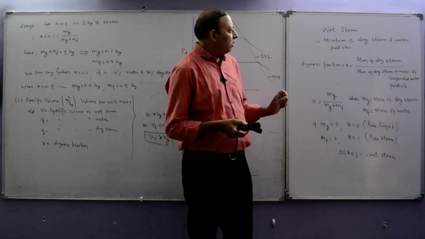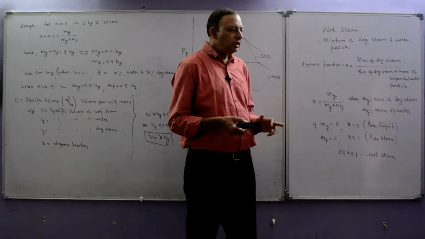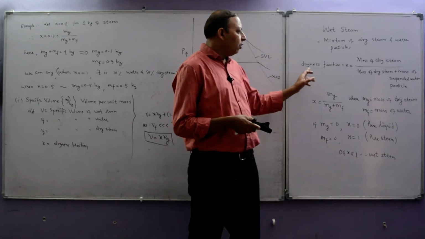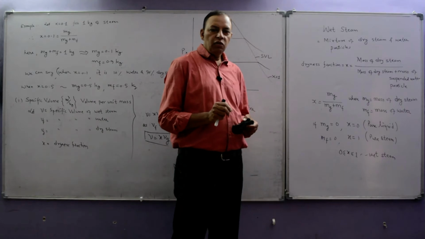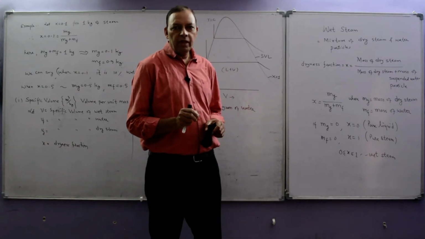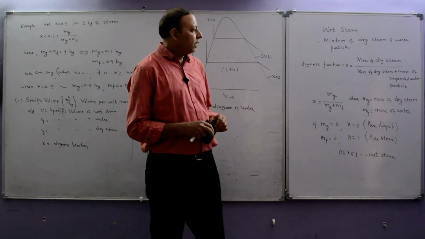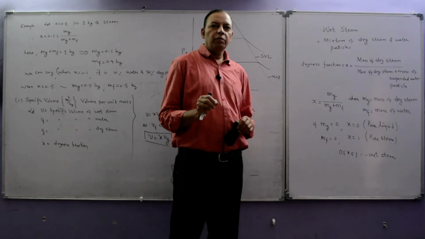So, how much is it wet? For that we use a formula known as quality of steam or dryness fraction. Dryness fraction is denoted by x, and it is the ratio of mass of dry steam to mass of dry steam and mass of suspended water particles.